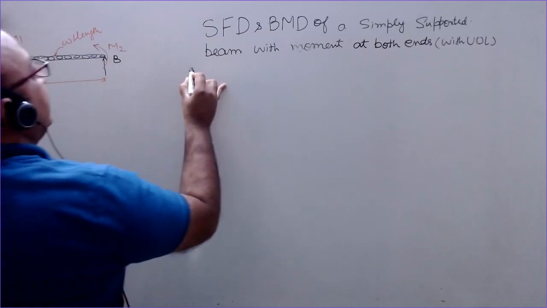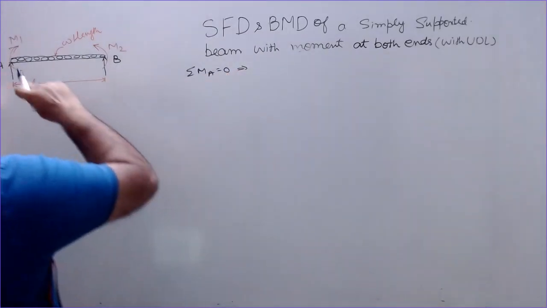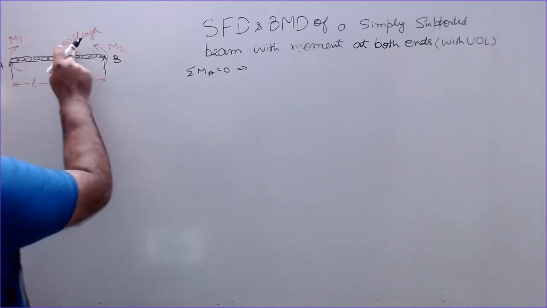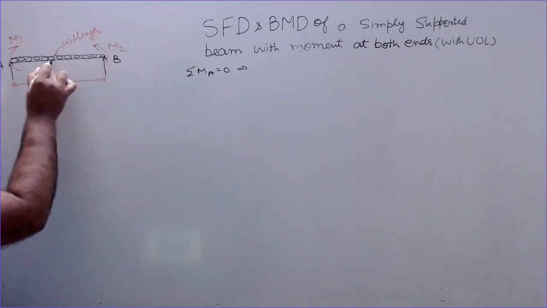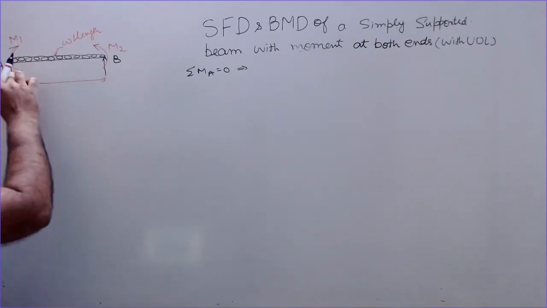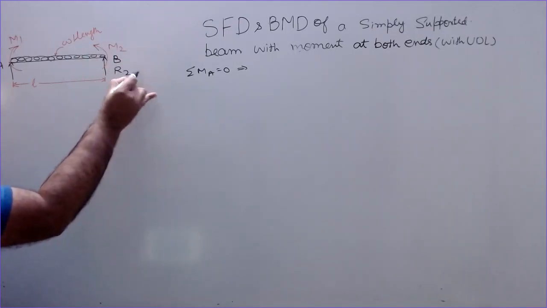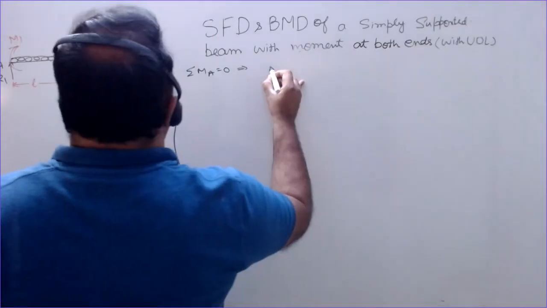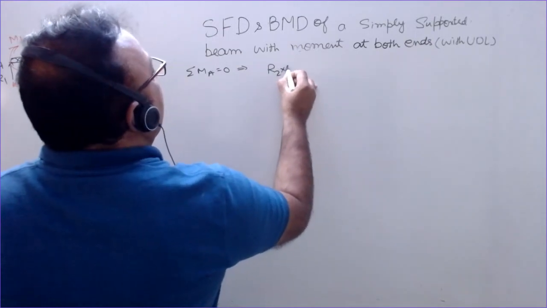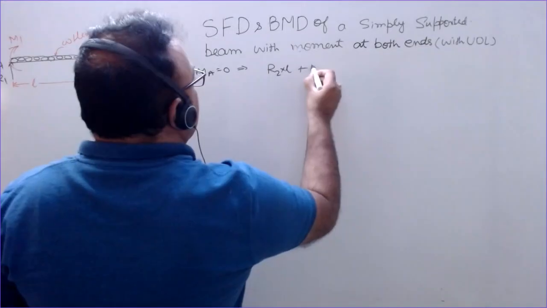You can take the moments about the end A equal to 0 for equilibrium. So I can write total load W into L is acting at the midspan, L by 2 distance from here. So taking moments about this end, moment of this reaction in this direction, let us take this as positive direction, anti-clockwise. So R2 into L. M2 is also in same direction, plus M2.